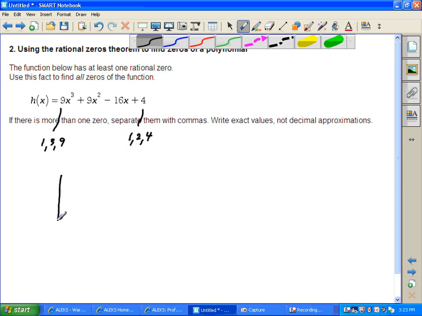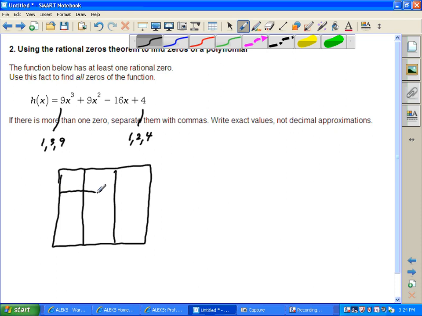What I have invented just a couple minutes ago is this method for doing this. It's not really my invention, it's just a way I thought of. Okay, here we go. I'm going to write factors of the last guy, the constant at the end.